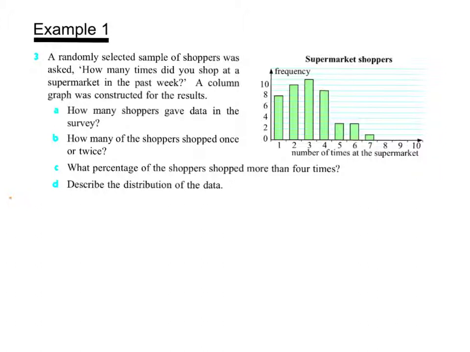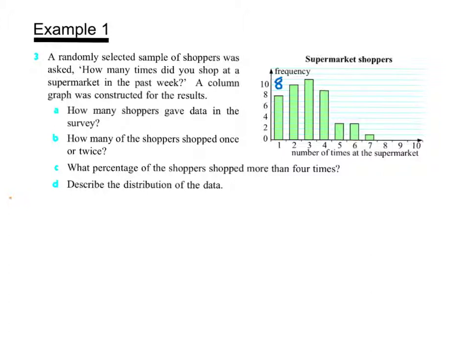So for problem A, we're asked how many shoppers gave data in the survey. What we need to do here is find the number of shoppers that gave each of the responses, which in this case are 1, 2, 3, 4, 5, 6, 7. Well, we can see that 8 people shopped 1 time in the past week.